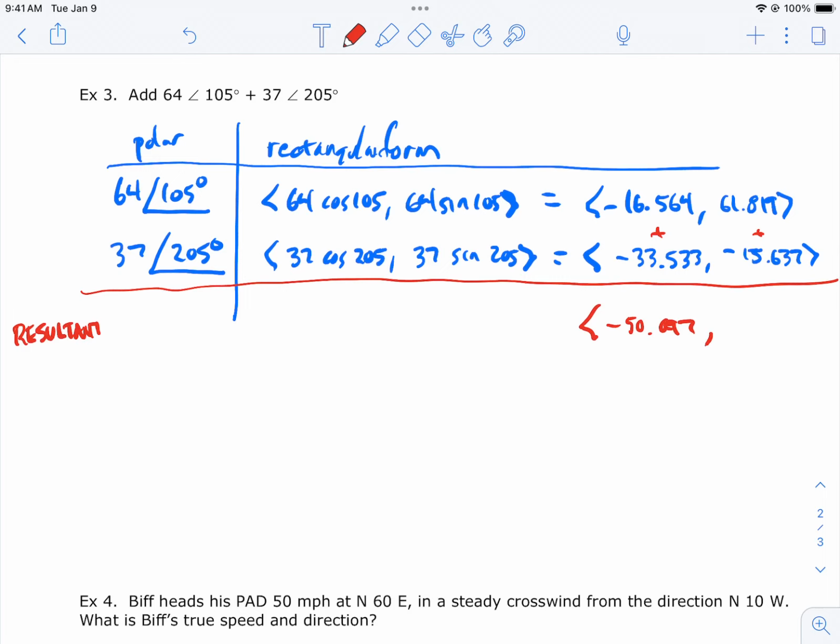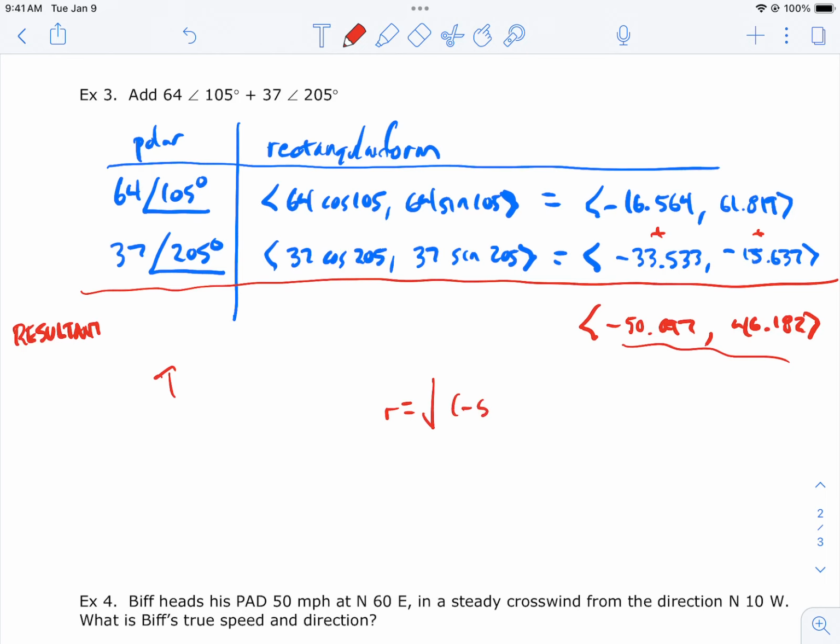And then over here, 61.819, adding a negative 15.637 gets me to 46.182. And in some sense, you found the answer. I guess that's a lot of partial credit. That's the answer, except wait, we want to have rectangular form over here. So you have to do the r and the theta stuff.